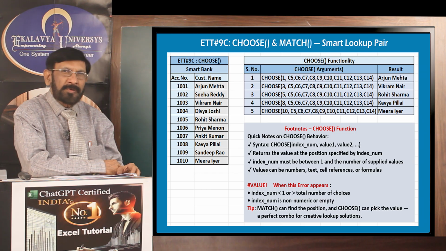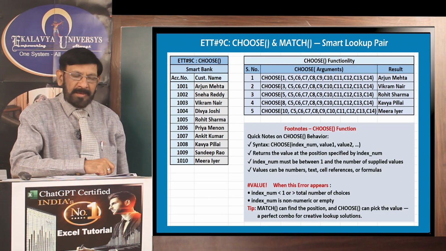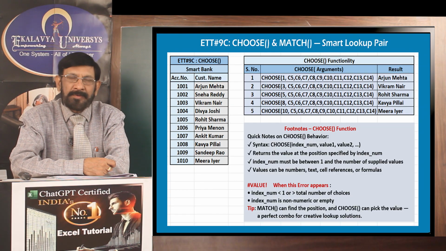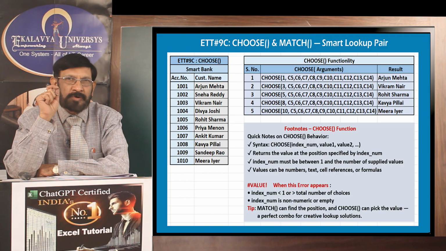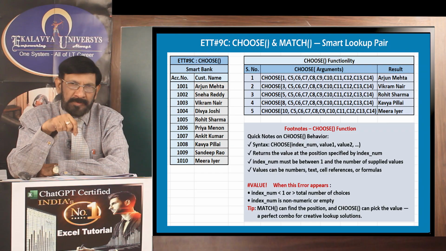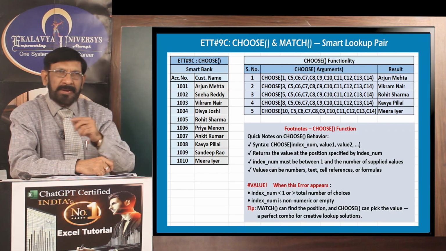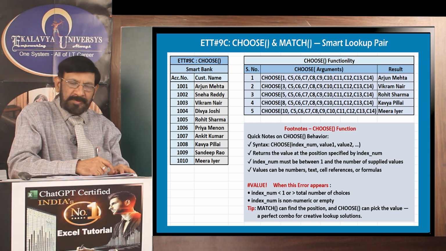Names and all that are very big, and here corresponding references are very easy. That's why C5, C6, C7 up to C14 we have to write. That is the syntax. There is no shortcut for that. Whatever we are writing is the simplest one. Then only two arguments: one is position, second one is the list of items, the references you have to give.